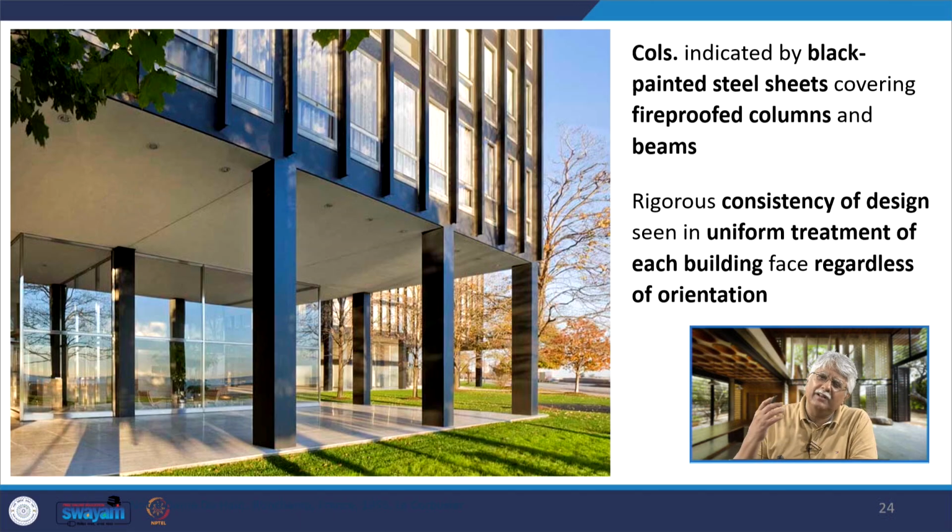The columns are in black painted steel sheets. The original column is an I section, around it, it has been provided with concrete for fireproofing and then it has been covered with black paint on the outside. There is a rigorous consistency in the design we see in the uniform treatment of each building. Like I told you, regardless of orientation, the facade is the same.